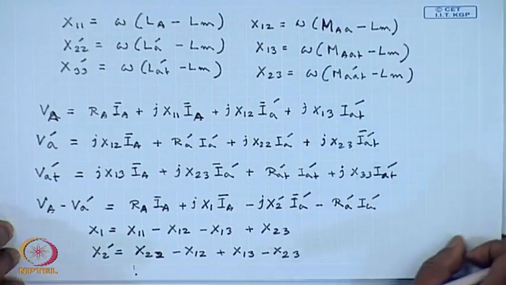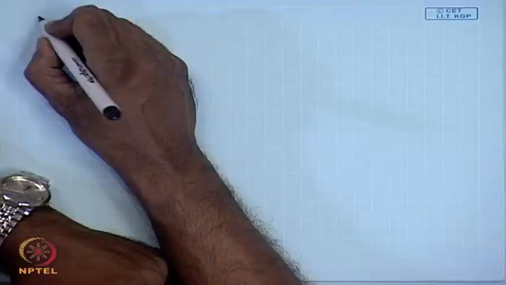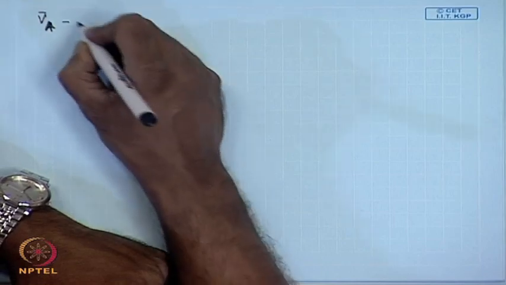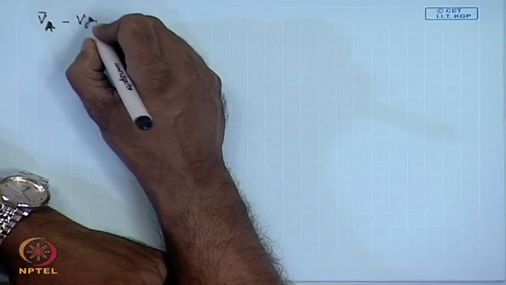Similarly, we can find out V A minus V A T dash.